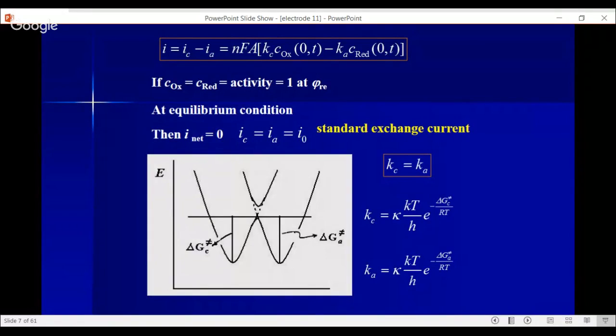The net current IC minus IA will be 0, but I0 is not 0. I hope you understand. I net is equal to 0, but IC is equal to IA is equal to I0, which is the exchange current density or exchange current.